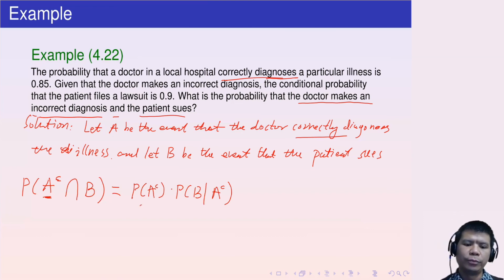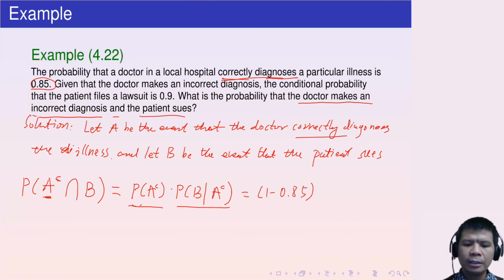So the probability that it makes an incorrect diagnosis, and then the conditional probability of the patient suing given that it makes an incorrect diagnosis. The first is the probability of A complement, the probability that the doctor makes an incorrect diagnosis. We know the correct diagnosis is 0.85, so this probability is 1 minus 0.85.